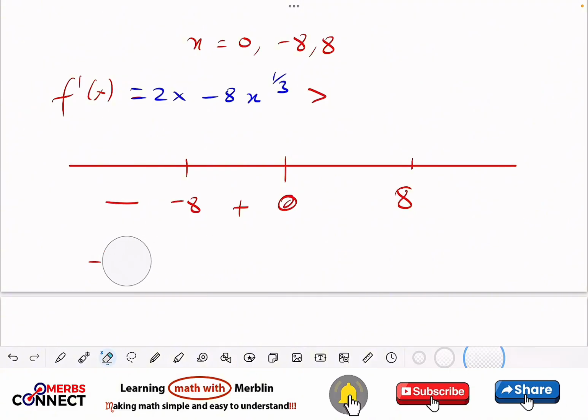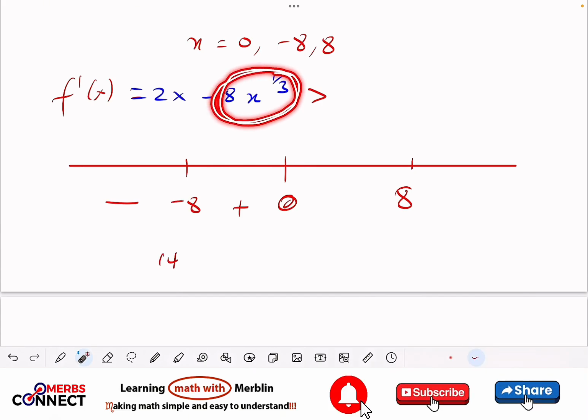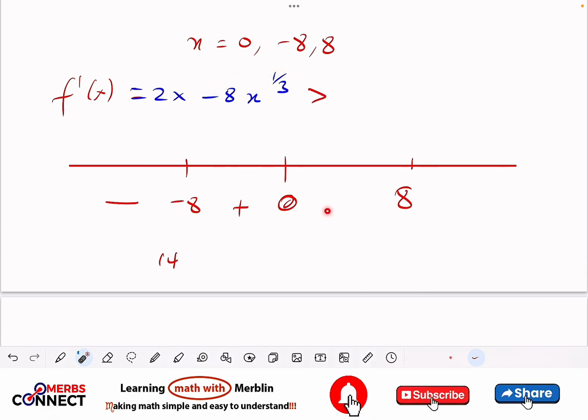Let's plug in something like 7 there. 7 there is going to be 14, and when I plug in 7, I'm going to get it to be negative, minus 15 something. Then plug in 9.